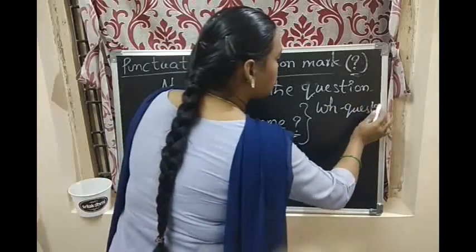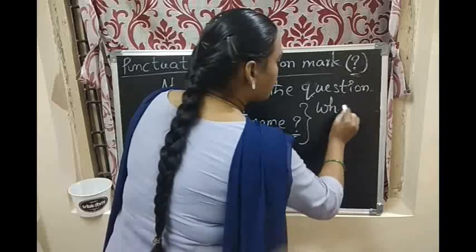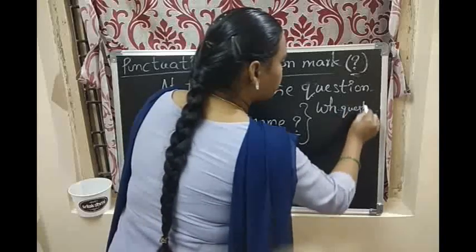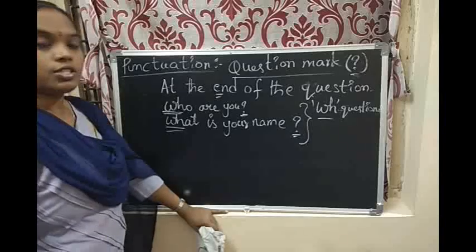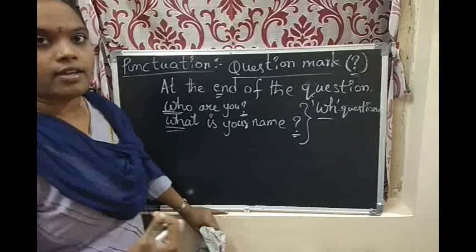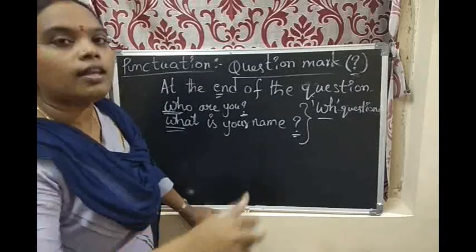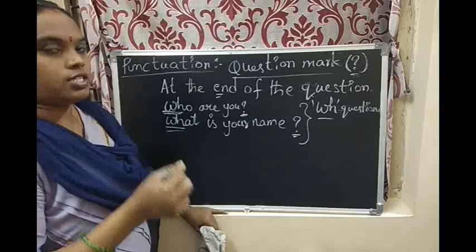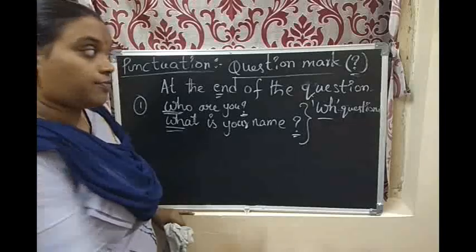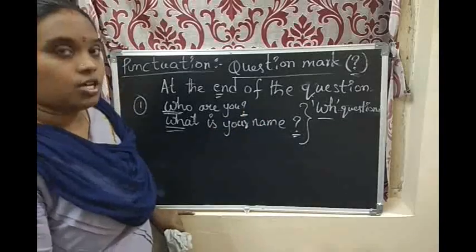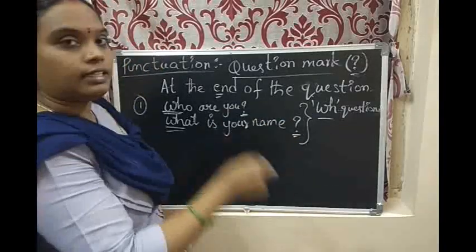Different kinds of questions are there, and how do we frame them? These are WH questions: who, what, why, how. This is the first type. What is the first type? WH questions. What is included in this?